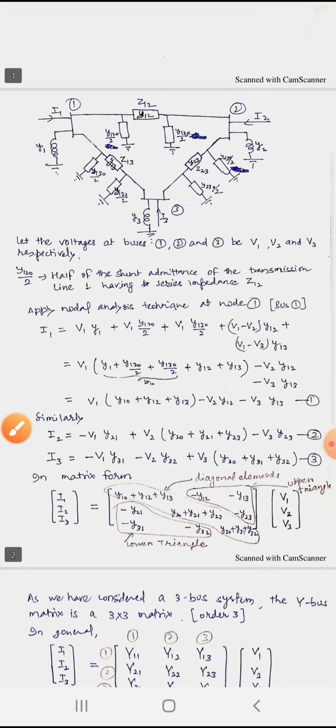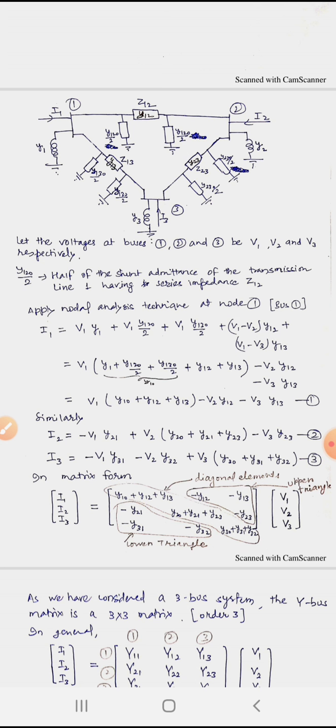Now apply nodal analysis technique at node 1, that is bus 1. So I1 is basically equal to Y1 V1 plus V1 Y120 by 2 plus V1 Y130 by 2 plus (V1 minus V2) Y12.